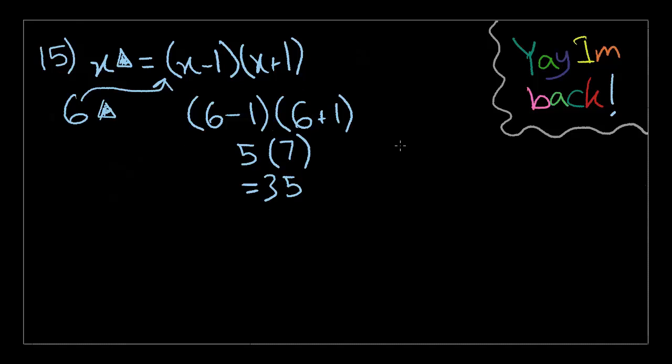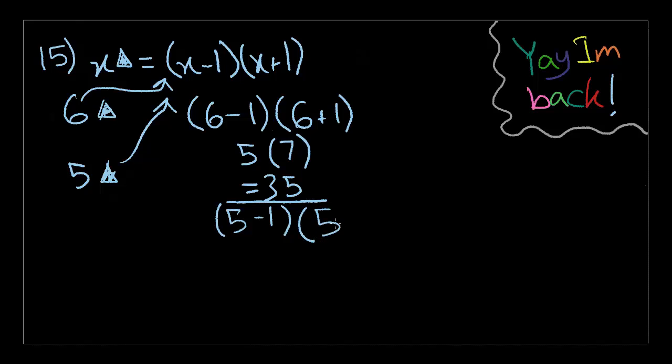Now 5 triangle: 5 minus 1 times 5 plus 1. 5 minus 1 is 4, 5 plus 1 is 6, therefore 5 triangle equals 24.